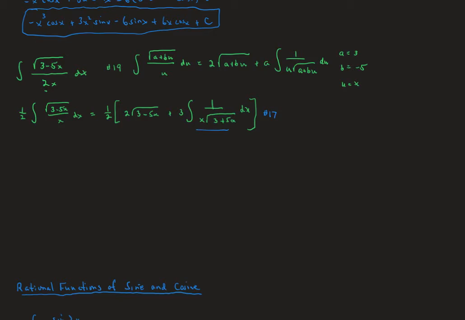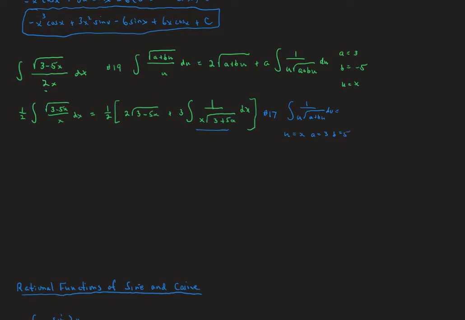And so we're going to get that we have, what do we have here? So our formula is saying that the integral of 1 over u square root of a plus bu du is going to be, and for us, our u is going to be x, our a is going to be 3, and our b is going to be 5.